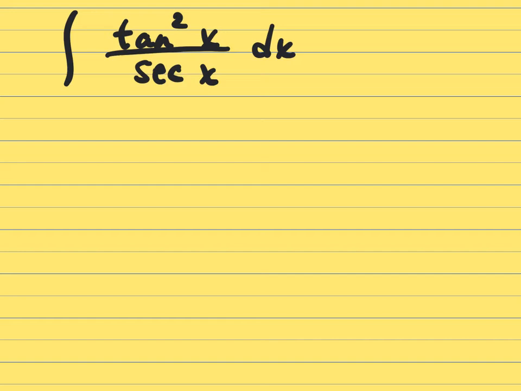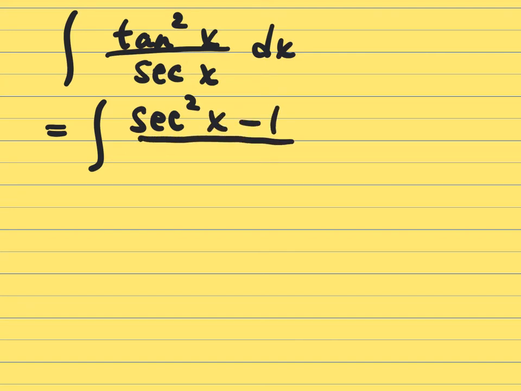And for our third example, we have the integral of tangent squared x over secant x dx. From the very first slide, we can rewrite tangent squared as secant squared minus 1, all over secant x. That's just using an identity to rewrite your terms.